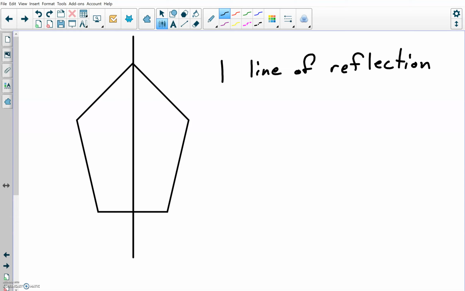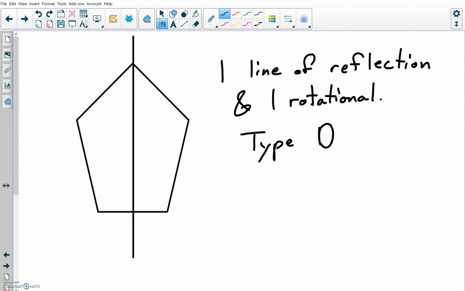You've got to spin this thing 360 degrees. So if there is reflection, you're going to see that rotation will always match it. So one rotational. So we would say here, this is a type D1. Since it did have reflection, it's a double type.